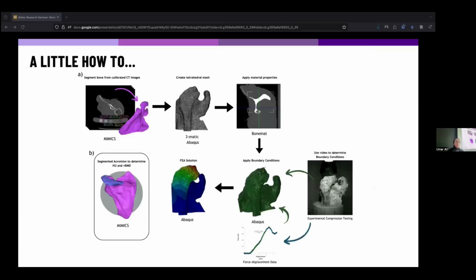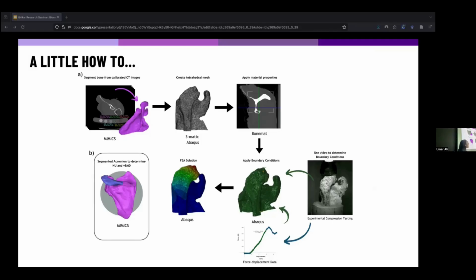So when we apply these material properties, this allows us to see how the model will behave in a realistic manner. 20 models and 4 relationships means we now have 80 models in total. Then we apply the boundary conditions, which just means that when we're doing compression testing, we want to see exactly where the bone is being crushed.